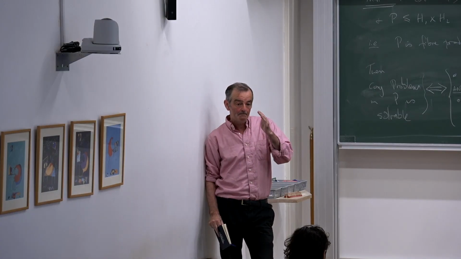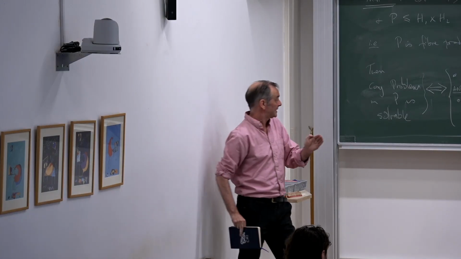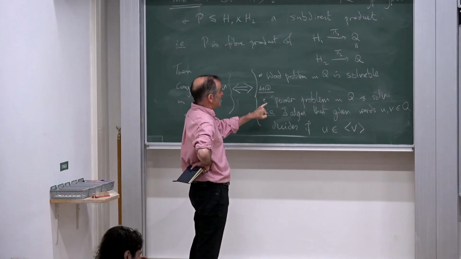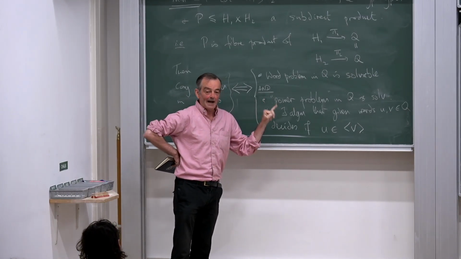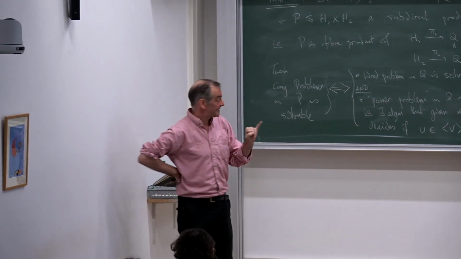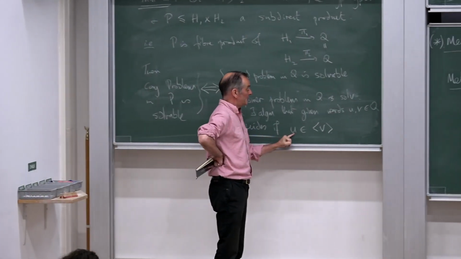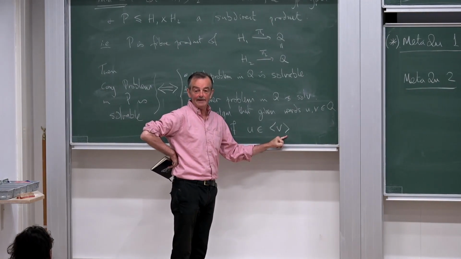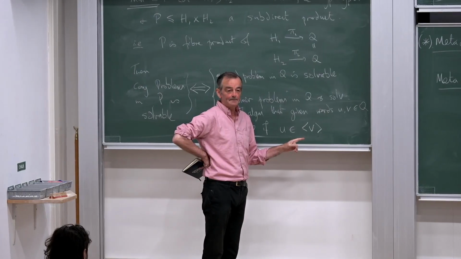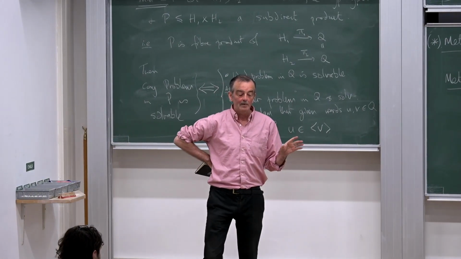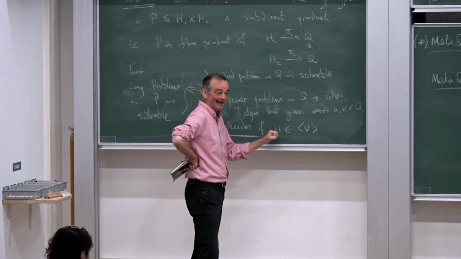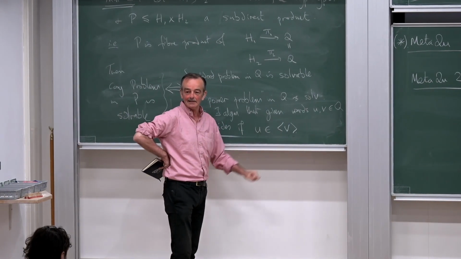Now this is a more subtle condition than it looks, and this caused me a lot of pain. Solving the power problem does not solve the order problem. So you have to decide if a word U is a power of V without deciding whether U and V are elements of finite order or not. There are groups where you can't decide which elements have finite order or not, but you can nevertheless decide membership of cyclic subgroups.